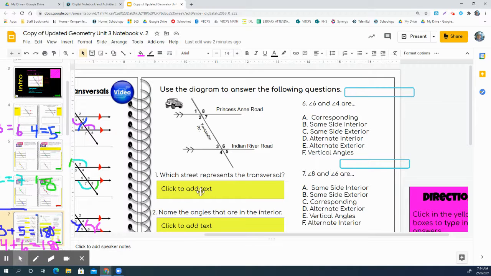Which street represents the transversal? What are you going to type into this box right here? What's the transversal? Kempsville, absolutely. So you're going to write Kempsville in here. And name the angles that are on the interior of the parallel lines.